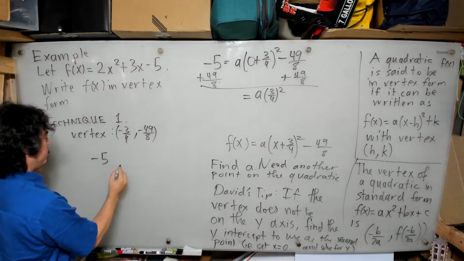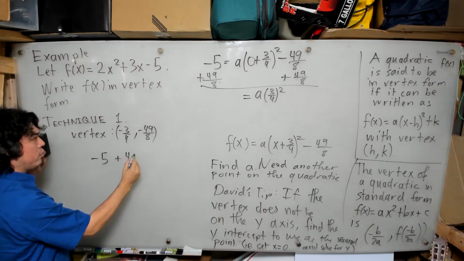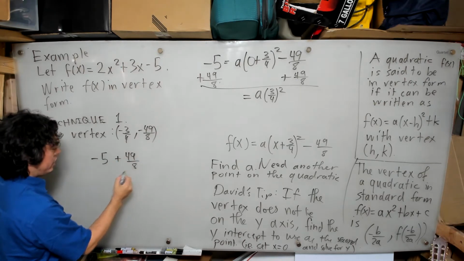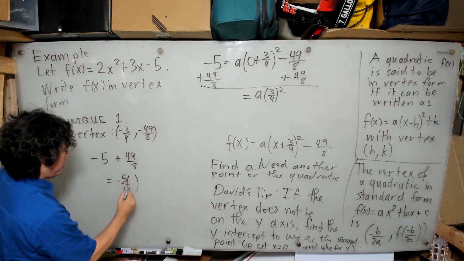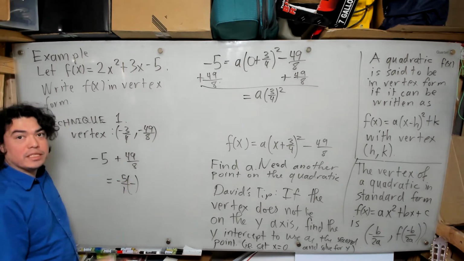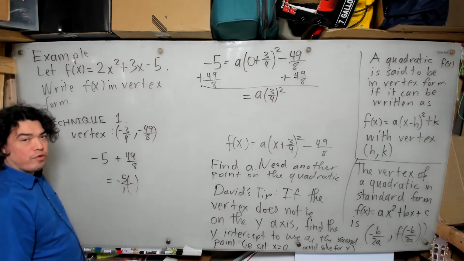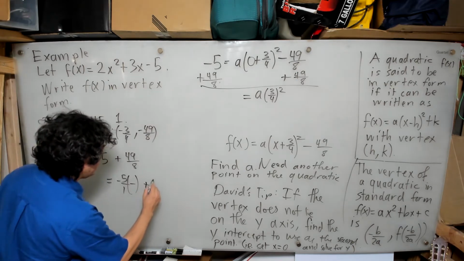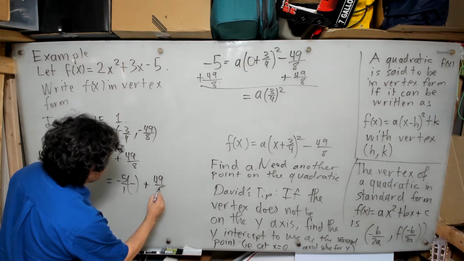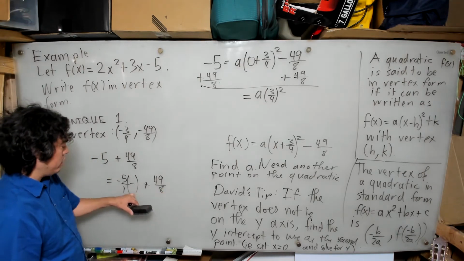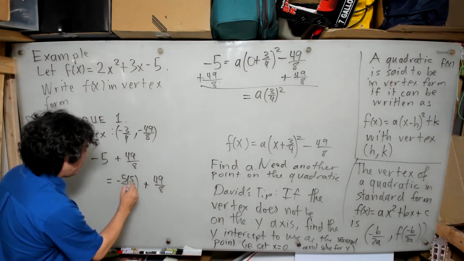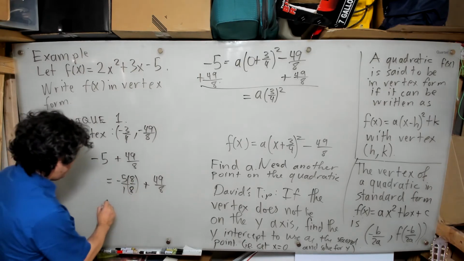Negative 5 plus 49 over 8 is the same thing as negative 5 over 1 times some fraction equal to 1 that gives the two fractions a common denominator, plus 49 over 8. What times 1 will give me 8? It'll be 8 on the top and bottom.